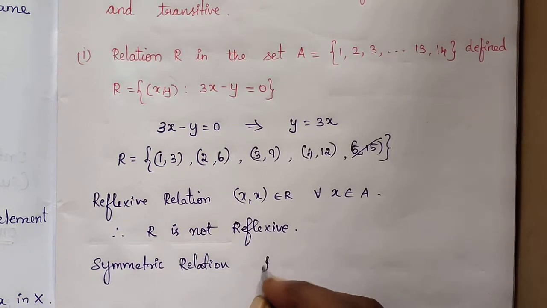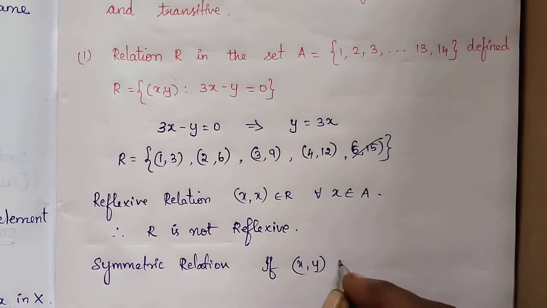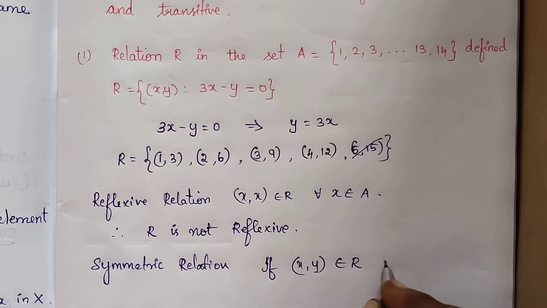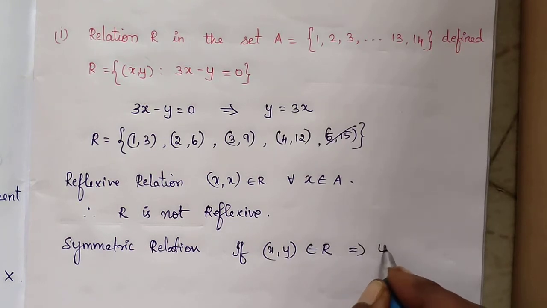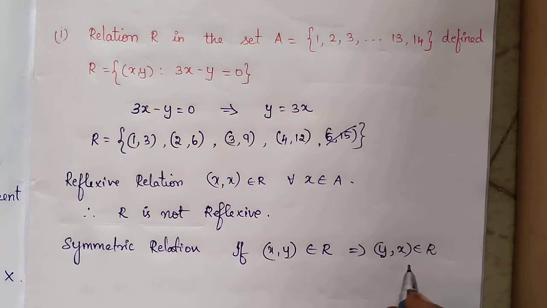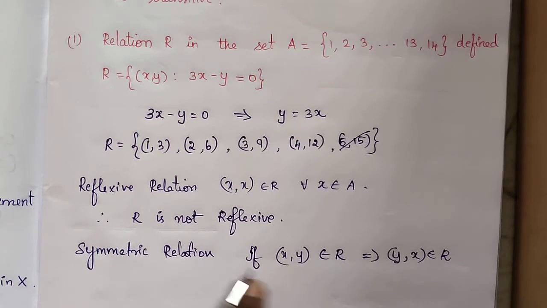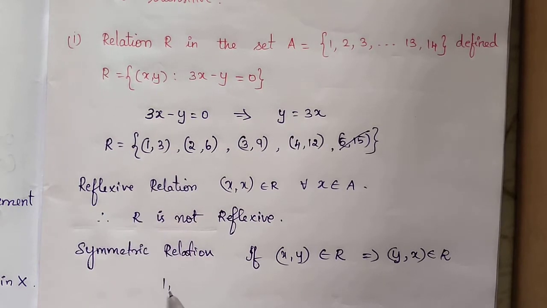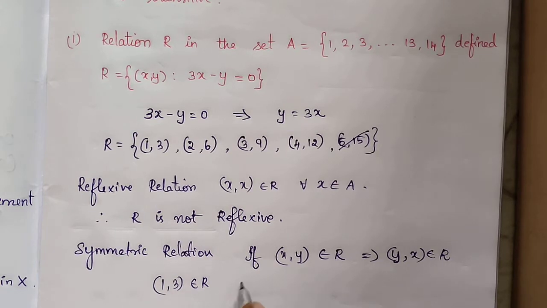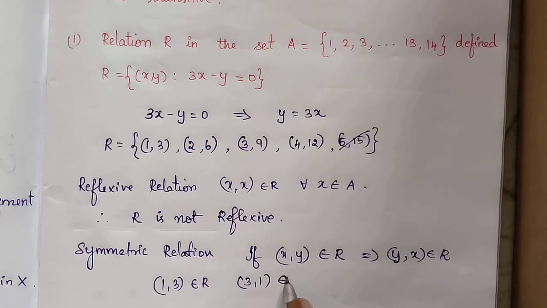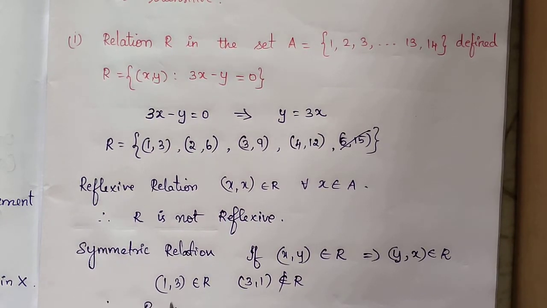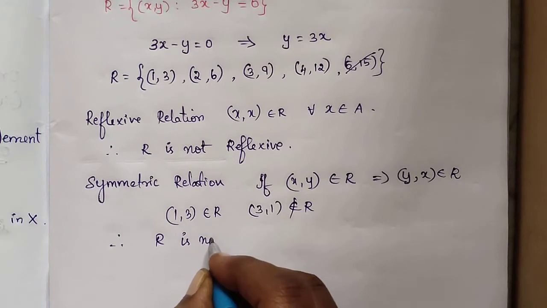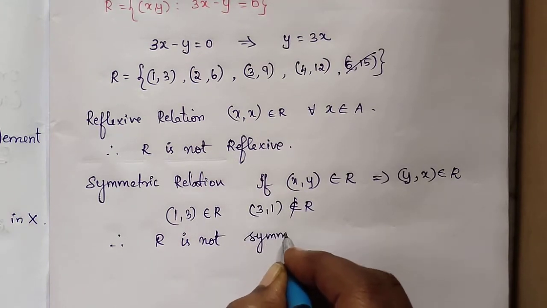Now if (x, y) belongs to R, then (y, x) also should belong to R. Now see, (x, y), (1, 3) is there. (1, 3) belongs to R. Either (3, 1) is there? (3, 1) does not belong to the relation. Therefore, directly I can say that R is not symmetric.